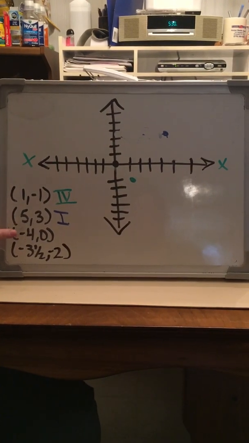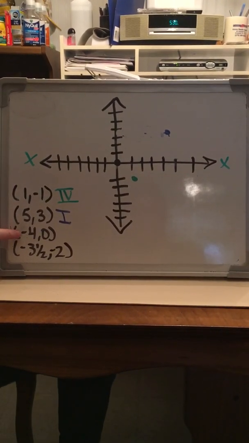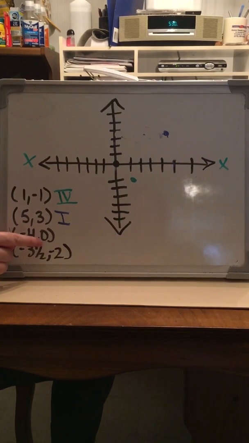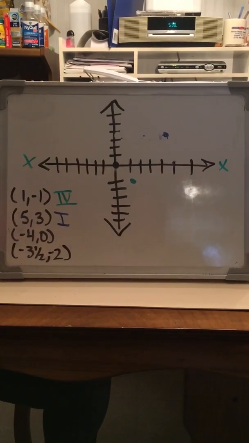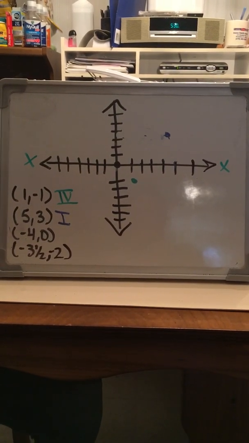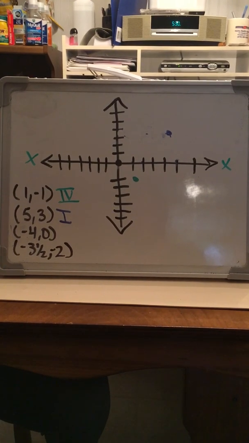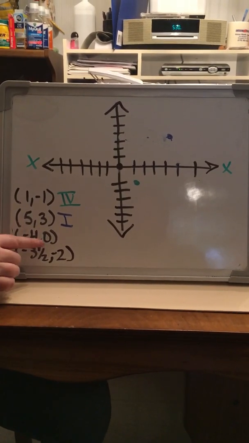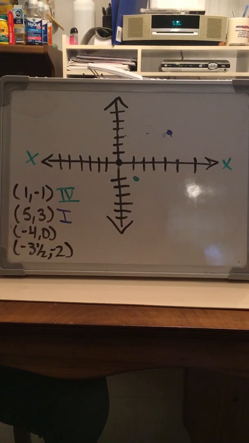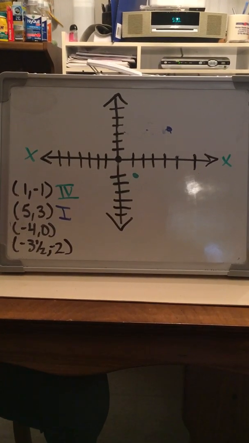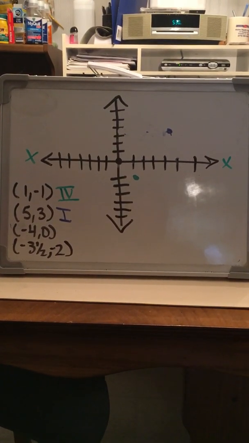Now look at this one. I am at -4, 0. This one is going to stay on the axis. It's going to go over on the x, but it's going to stay on the y-axis. I'll show you what that means.